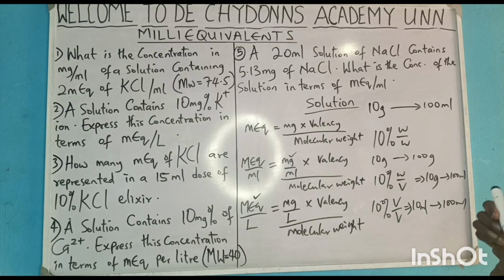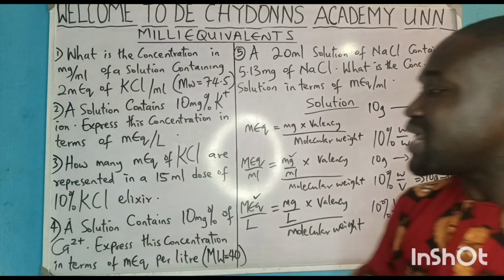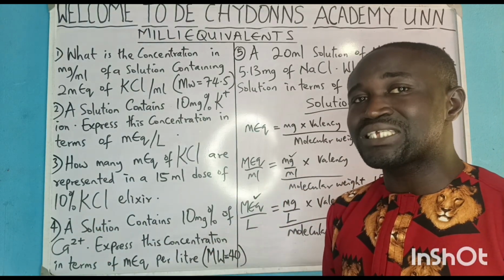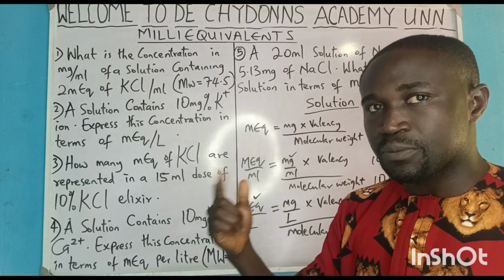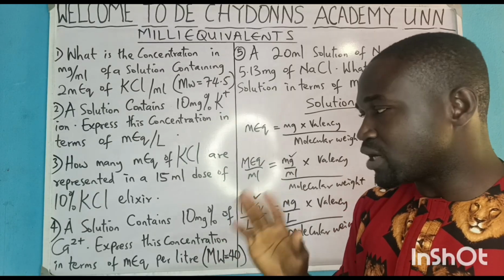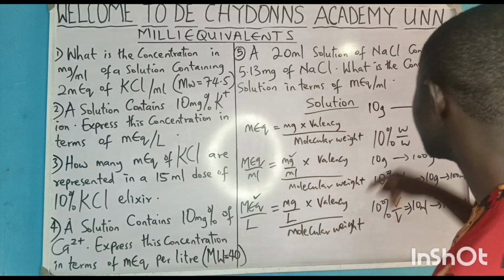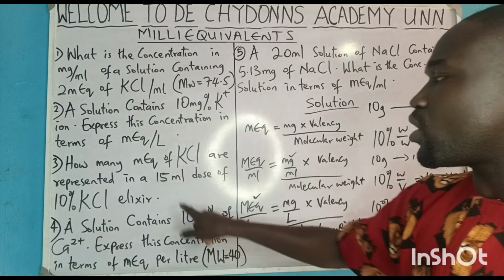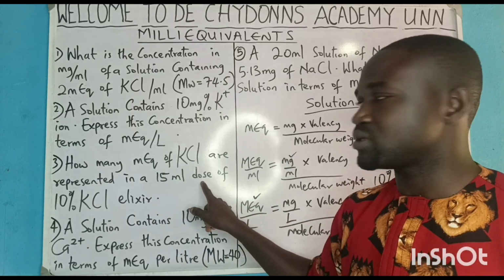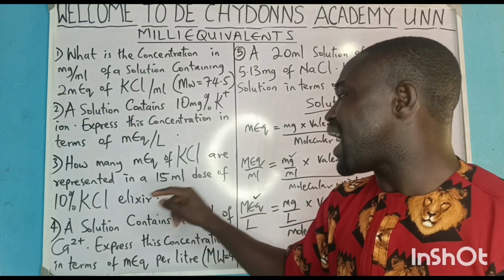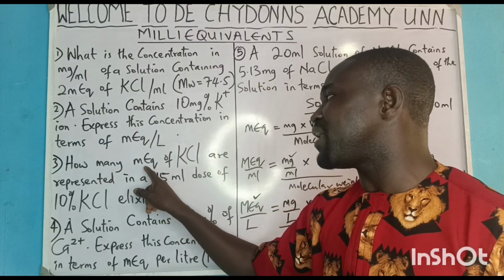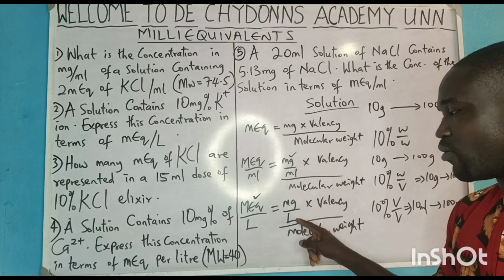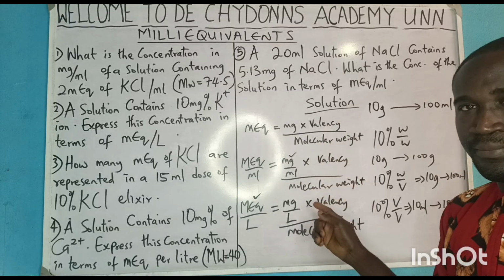Are you getting it? Now, when they are talking about this one, they did not specify to us whether it is volume per volume, weight per weight, or weight per volume. But why did we say 10 gram in 100 mil? That is a question. The reason is because they say 15 mil dose, and again we are looking for milliequivalents of it. And in milliequivalents, we don't deal with mil per anything. We are dealing with milligram.